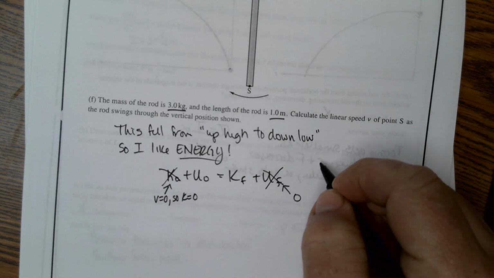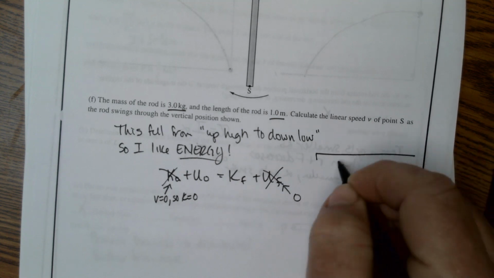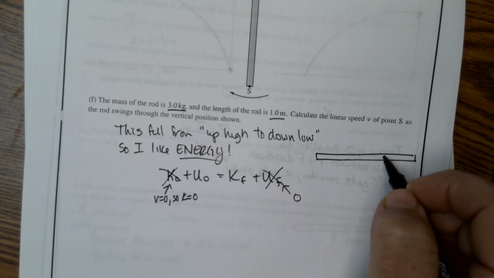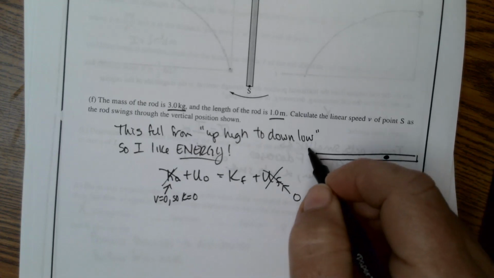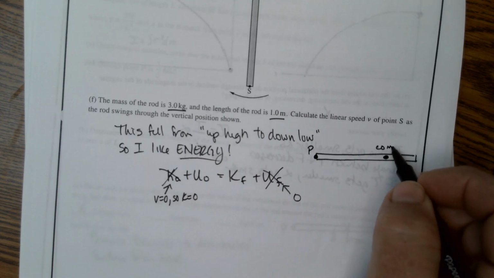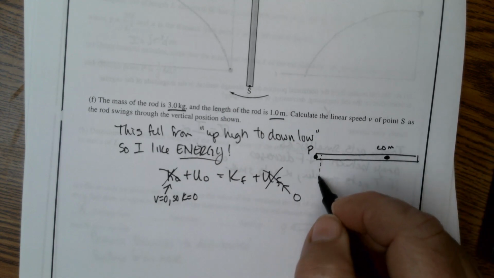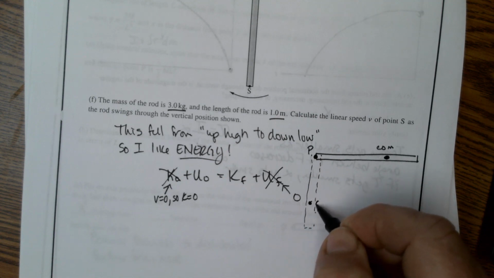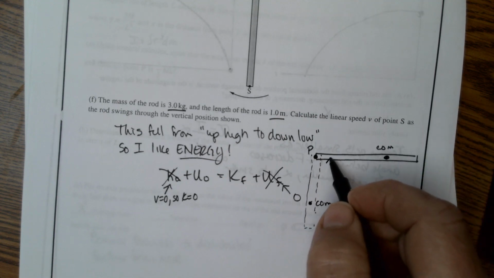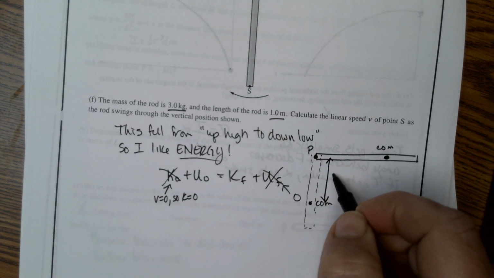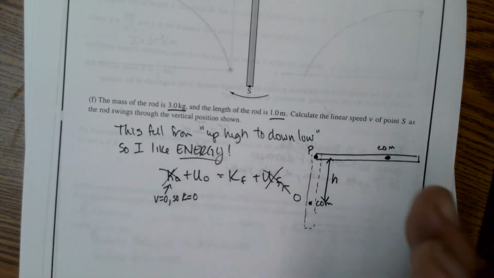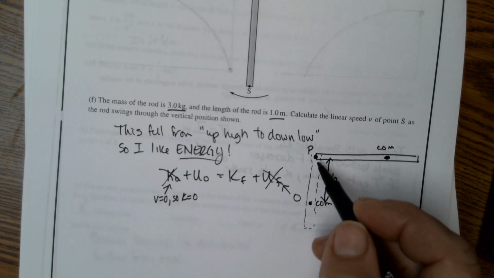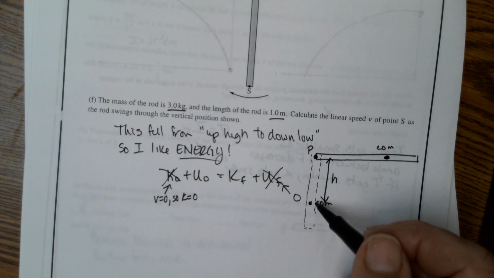Now, potential. How do I measure potential? Well, remember that the center of mass is where all forces seem to act. So here's my center of mass. Then it's going to fall and end up right here. This distance right here is h. If you remember from the parallel axis theorem, we talked about h being from the axis of rotation to the center of mass.